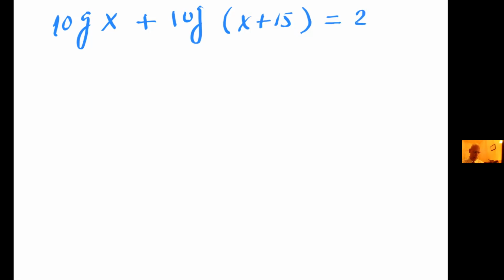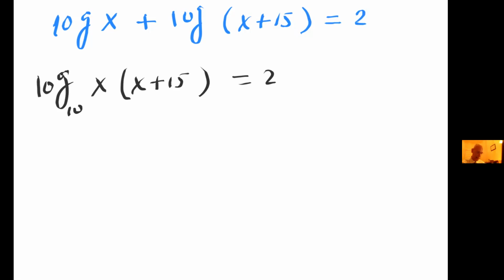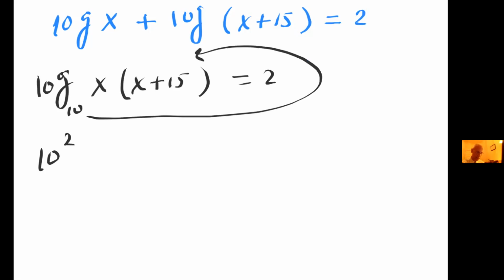Well, the bases are the same, so I can rewrite this as log base 10 of x times (x + 15) equals 2. So now I can claim that 10 to the power of 2 equals x squared plus 15x.